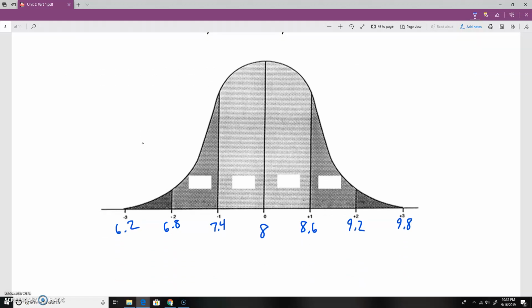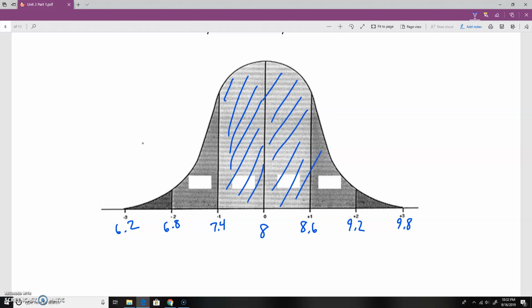They have to be at least that value, so they're going to be anywhere from this region and we're going to keep going. It's going to be anything above that 7.4. All right. So if we take these values from our initial chart, that's 34%. This is 34%.